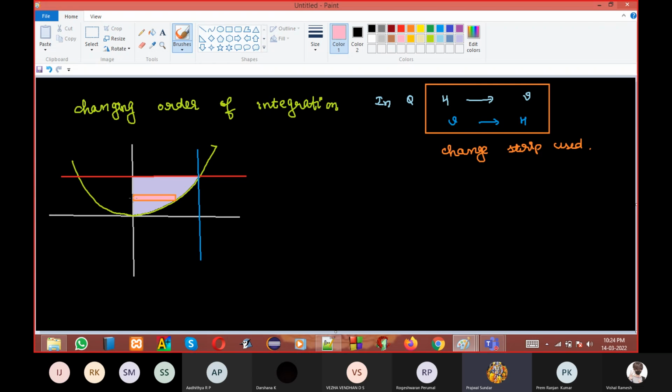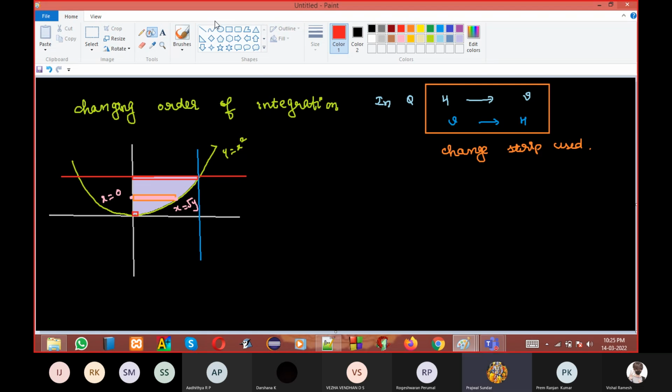Horizontal strip, y will be constant and x will vary. X is 0. So this is y equal to x squared, so x equal to root y. And strip is going to vary from where to where? From y equal to 0 to y equal to 9.